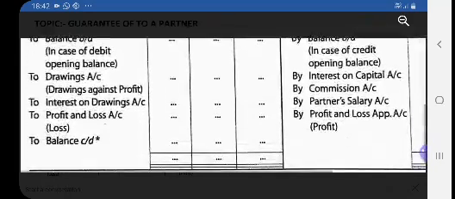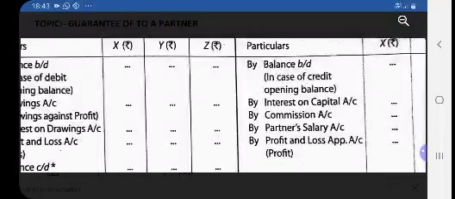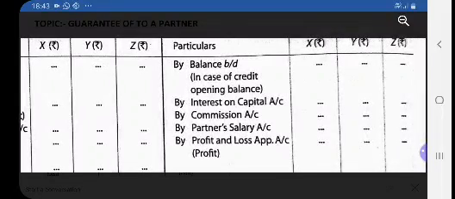And appropriations made to partners individually, like interest on capital, you will write in the amount columns X, Y, Z. Commission, partner salary: it is not necessary that all partners are entitled to get salary. Suppose only Z is entitled to get salary, then you will write the salary amount only in the Z column. And commission, suppose X is entitled to get commission, then you will write commission in the X column.